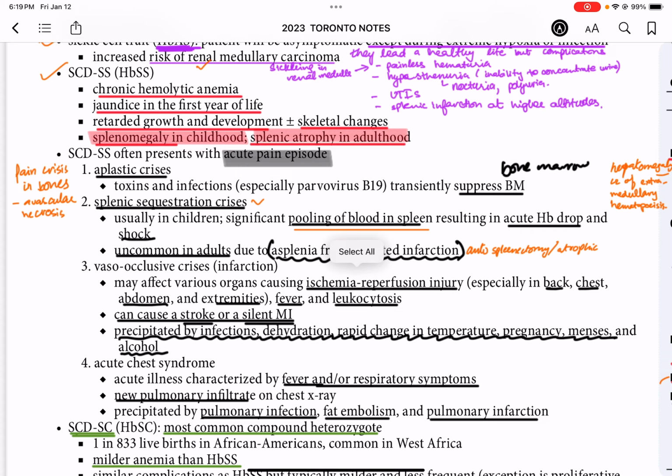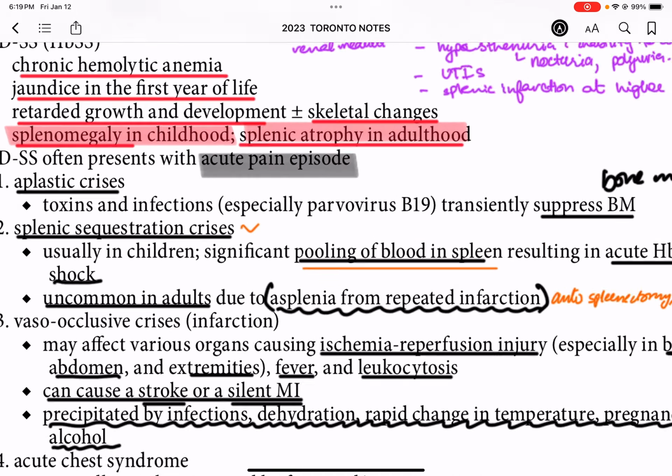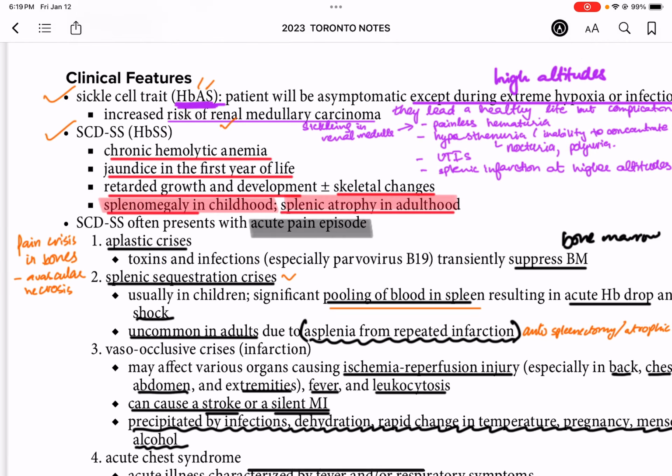So now talking about hemoglobin SS, we were saying that in childhood it's splenomegaly, and in adulthood it's splenic atrophy because of the repeated infarction. So the sickle cell disease in the homozygous person can present with acute pain episodes, and pain episodes could be of various reasons.